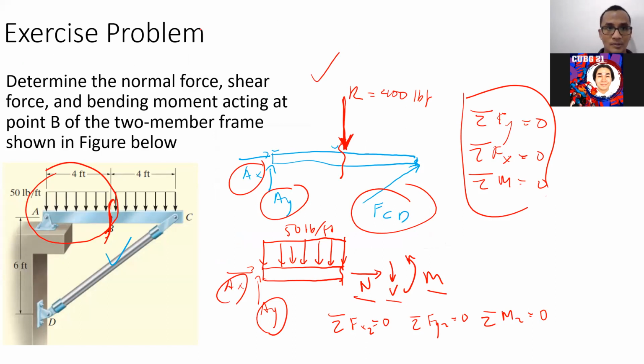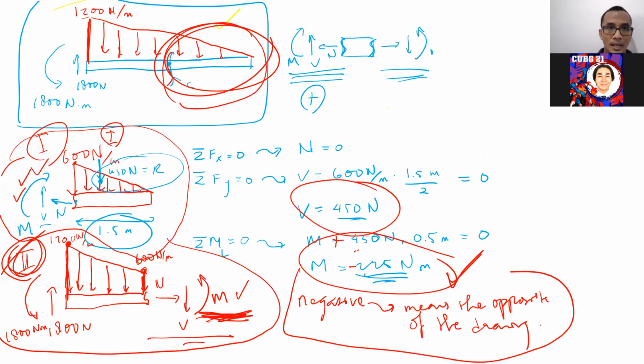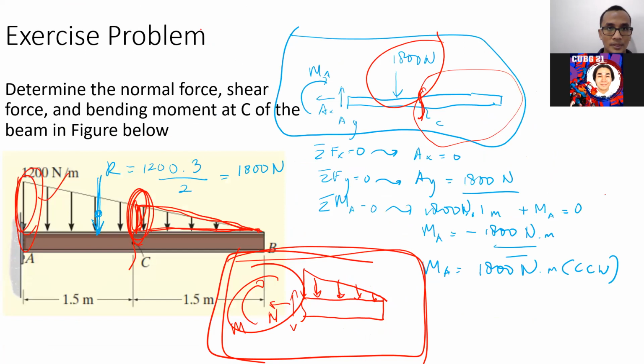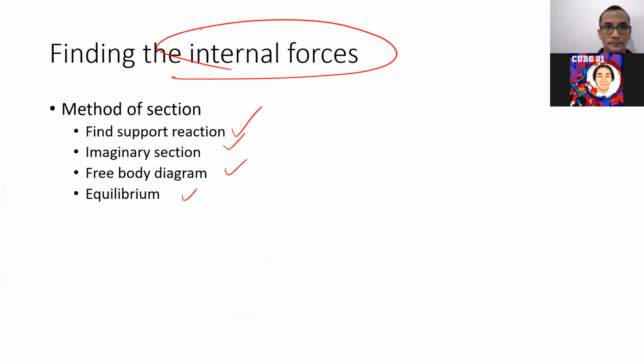For example, in this problem, we are asked to find the internal force and moment at point B only. And for this particular problem, we are asked to find the internal force and moment at point C only.